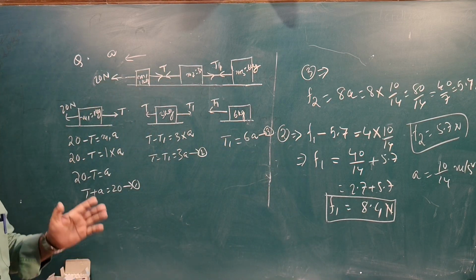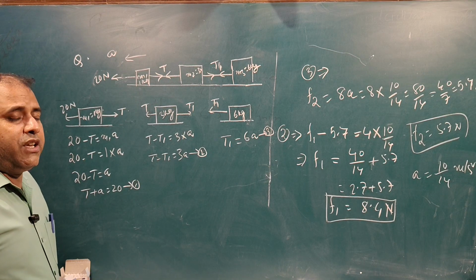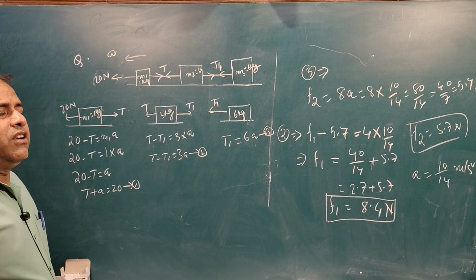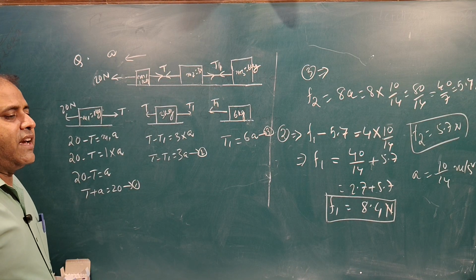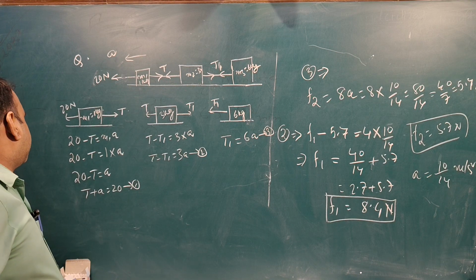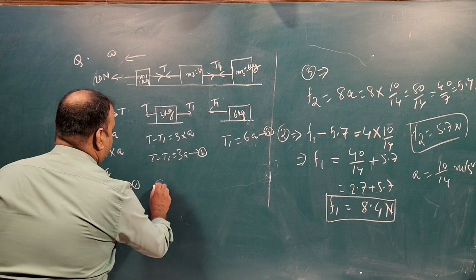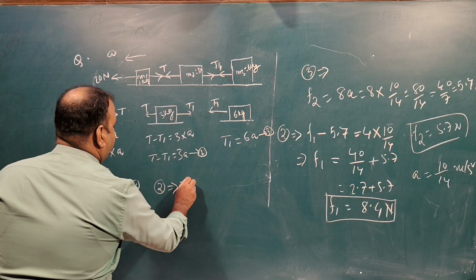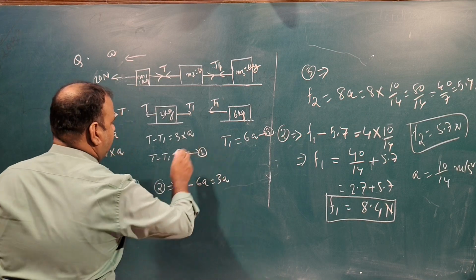So students, always remember, we have to calculate the value of T1, the value of T2, along with the value of acceleration. Therefore, we have to solve it. Here T1 is given, so from equation 2 we get T minus 6A is equal to 3A.